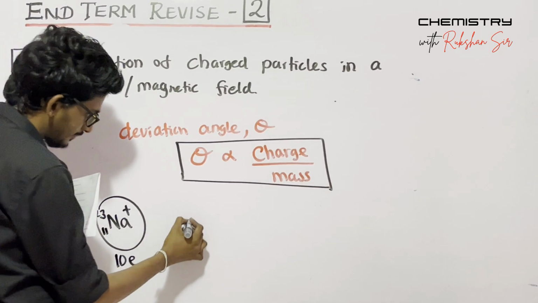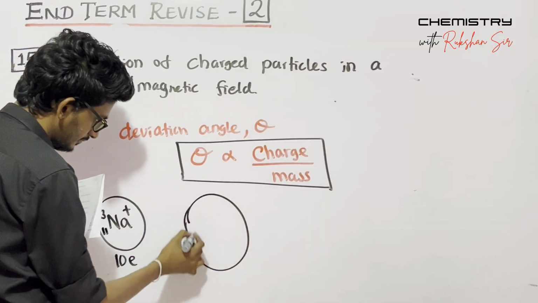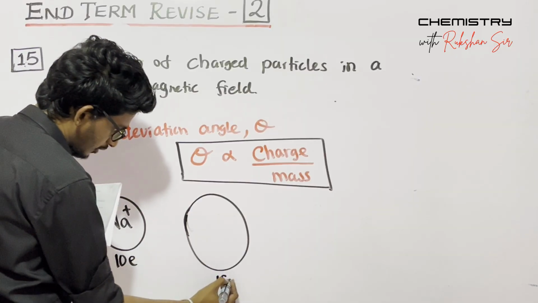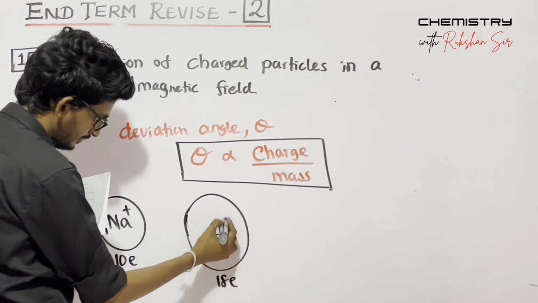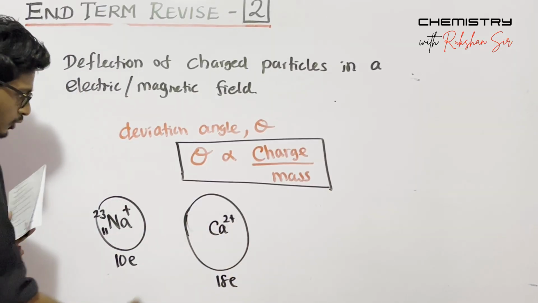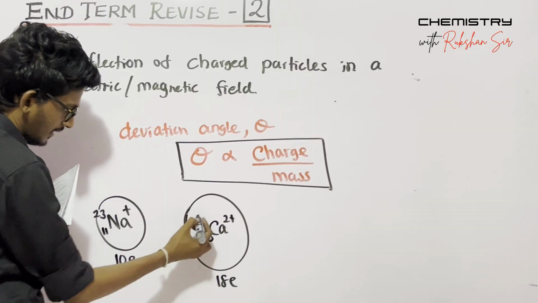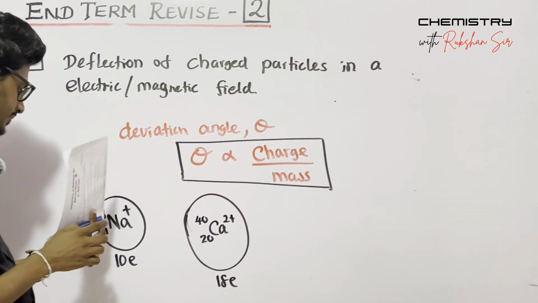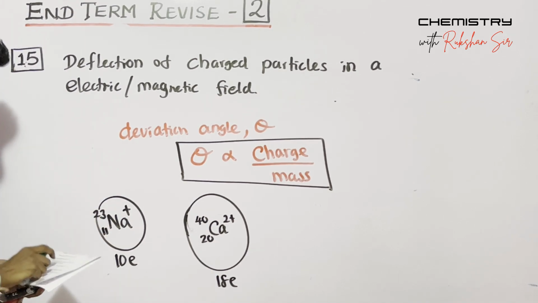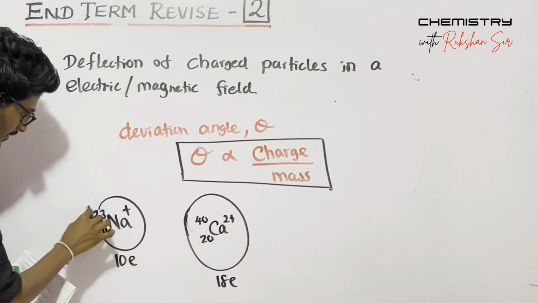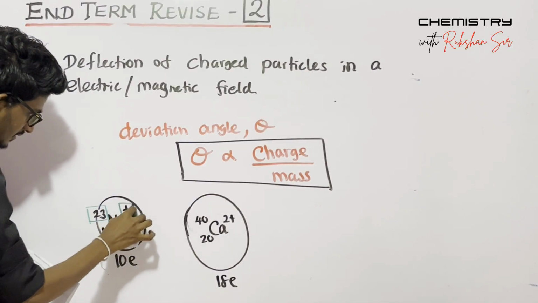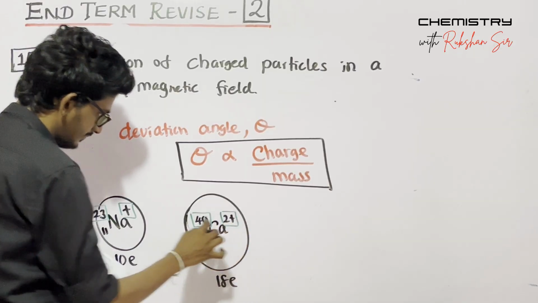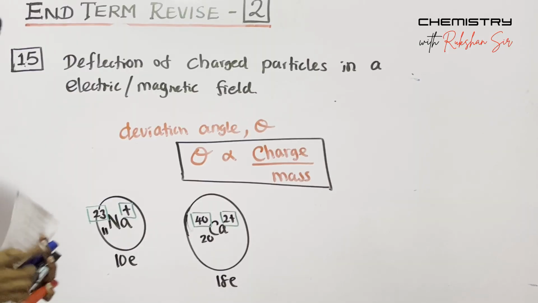Calcium 2 plus has 18 electrons. It is the 20th atom, and the mass number is 40. So what we need is these two numbers, mass and the charge.